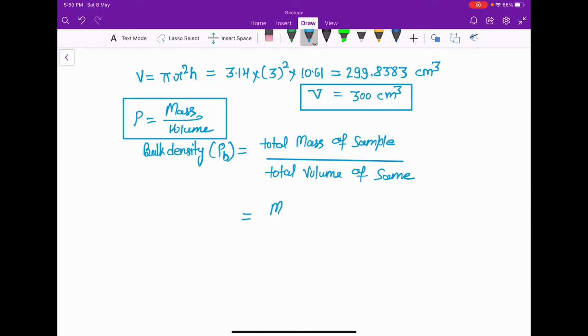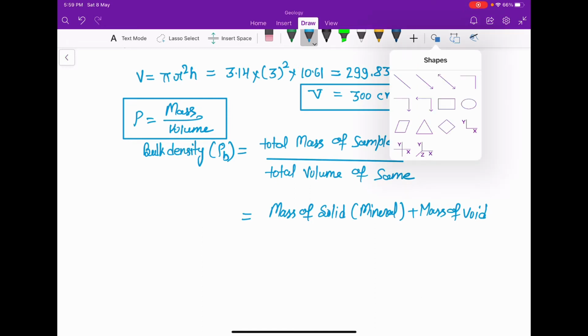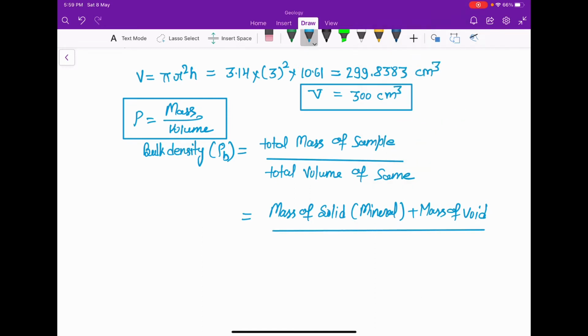In the sample there is some kind of matter as well as some kind of void. So mass of solid, which means mineral or rock, plus mass of void, divided by total volume, meaning volume of solid plus volume of void.